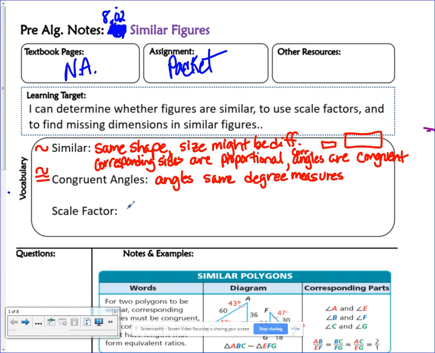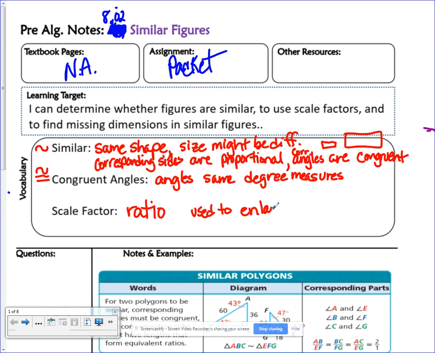All right, scale factor. Scale factor is some kind of ratio, okay? And remember, ratio means you're comparing two numbers, okay? And it's used to enlarge or reduce. So in other words, to make bigger or make smaller.